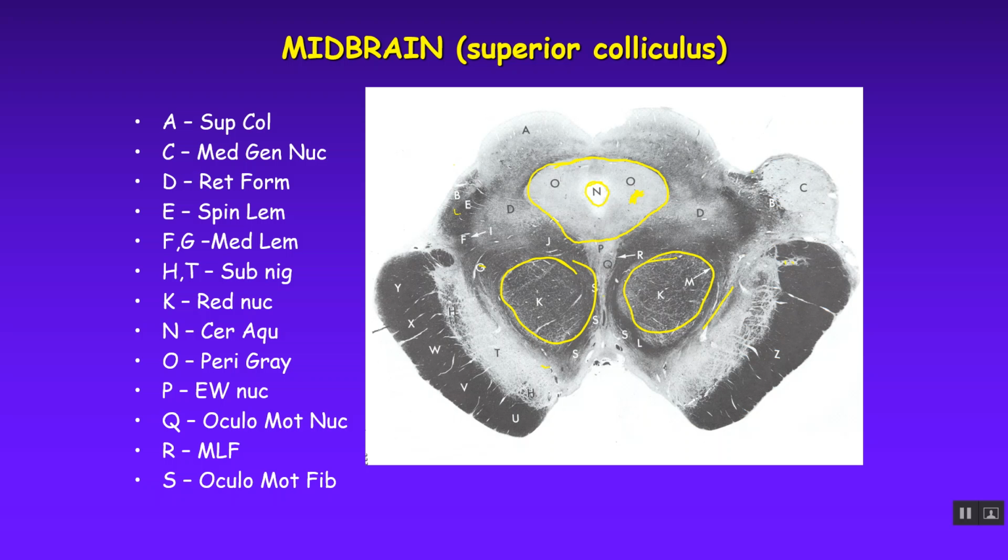P, you have one on each side, there and there. Here's the periaqueductal gray, right there and there on each side. That's the Edinger-Westphal nucleus. Those are the parasympathetic fibers that go out to help for pupillary constriction.